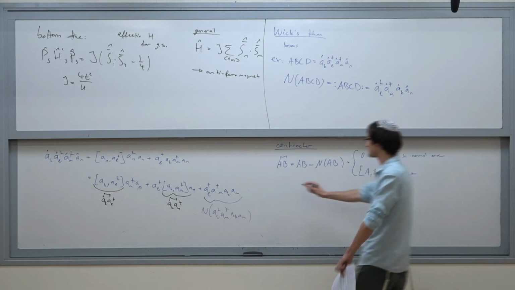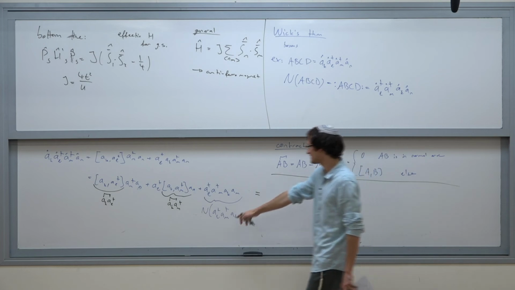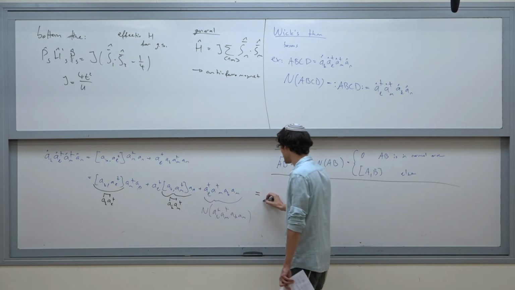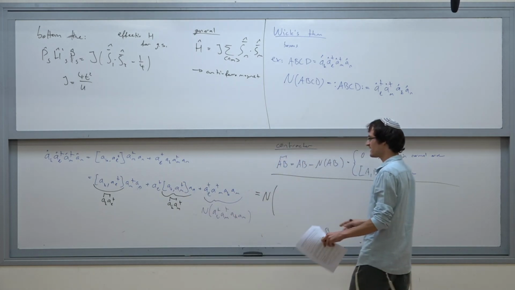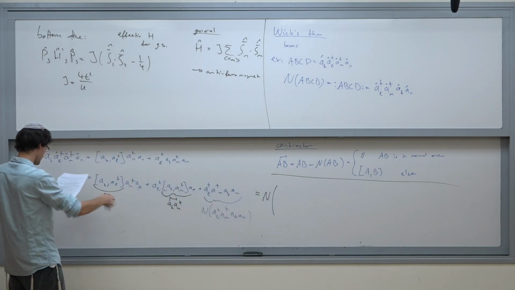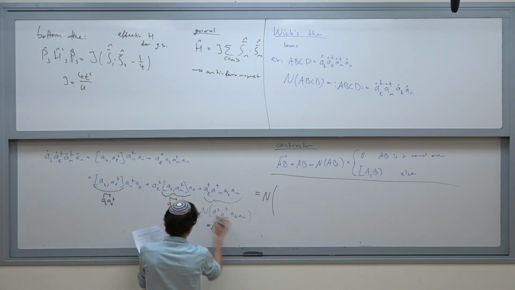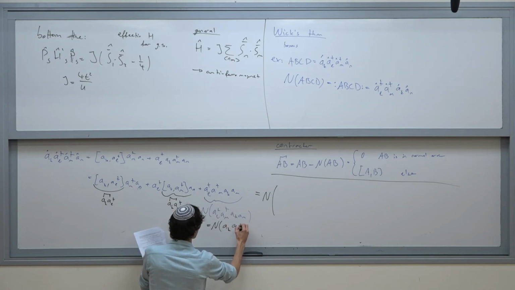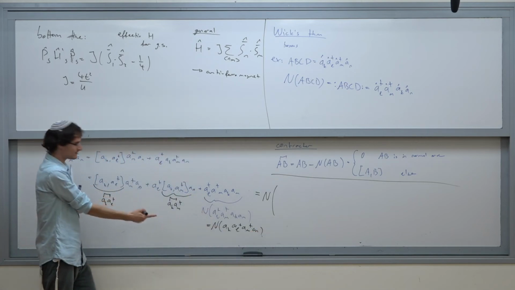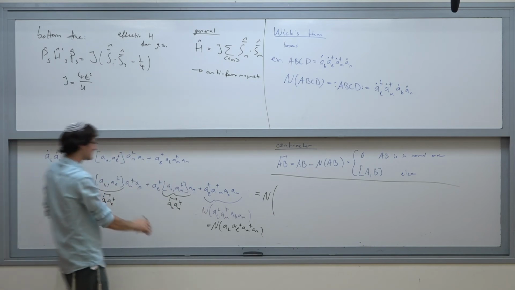Now comes the important point. I can now rewrite this. I can take this normal order sign and put it in the beginning and put all these terms inside of the normal order operator, and then write these terms in the original order. Actually, what I meant to write is that this is equal to the normal order of what we had in the beginning, a_k a_l† a_m† a_n. That's the important point. This is the normal order of this term. And now I'm going to write all terms from that order.